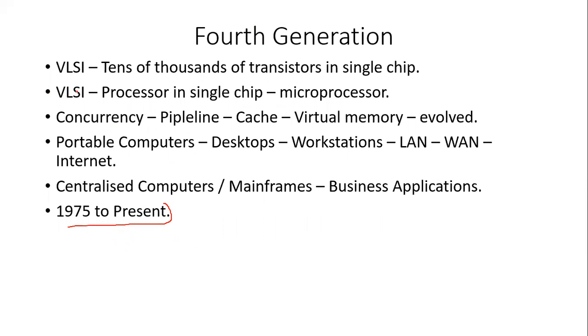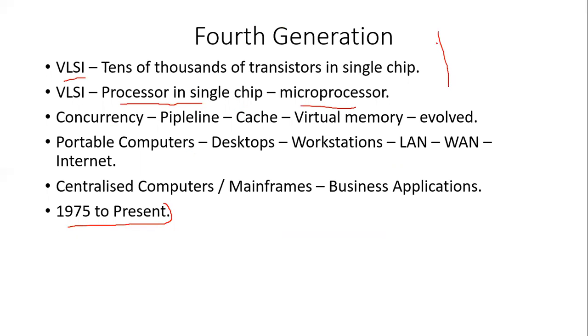By this time, the concept of VLSI was introduced, which used tens of thousands of transistors in a single chip. We are able to keep the processor in a single chip. That concept is called the microprocessor. Before the fourth generation, the processor was not on a single chip.